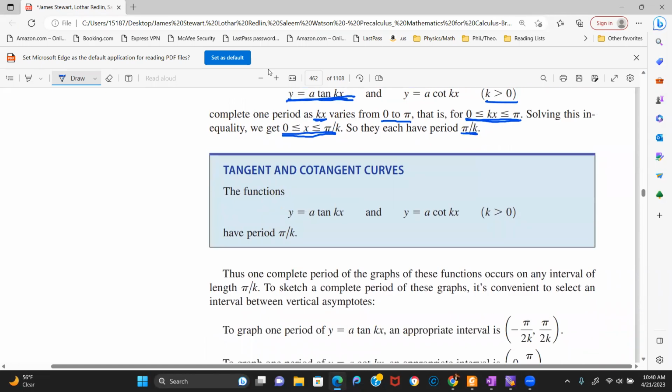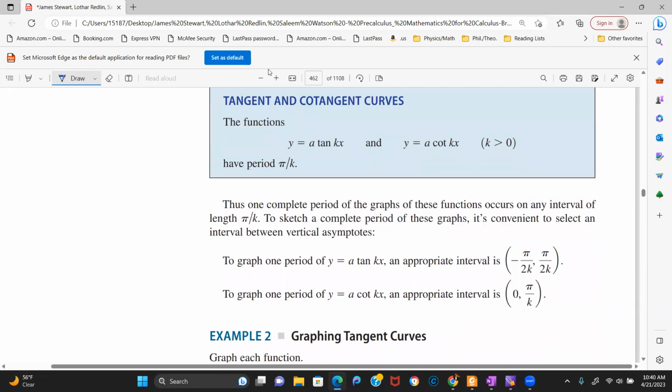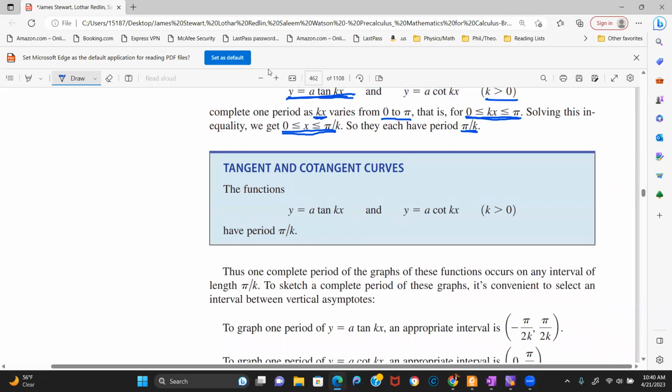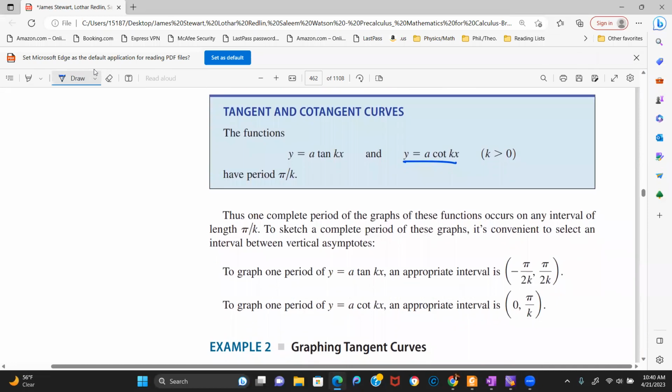So here's that fact stated more generally. I should say the same discussion applies to this function as well, but cotangent. But I'm just going to mention the tangent. Here's the difference though.